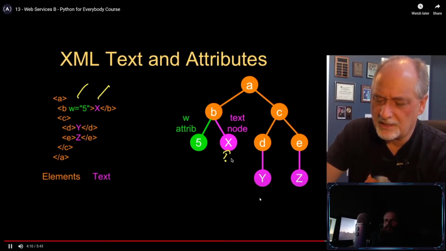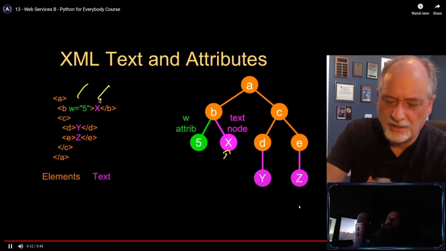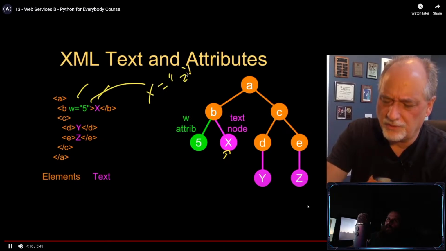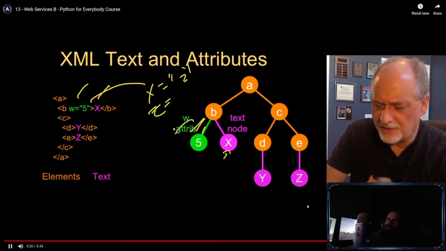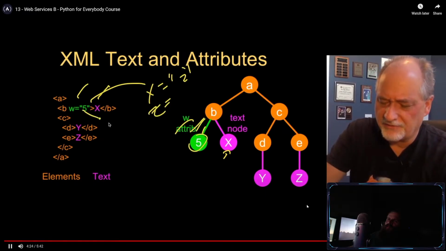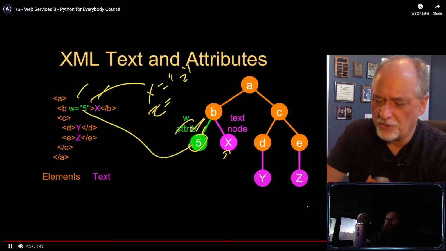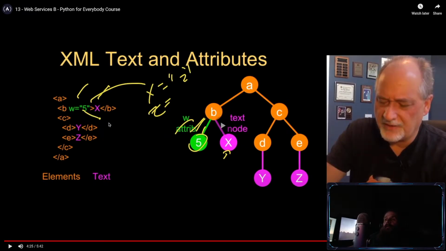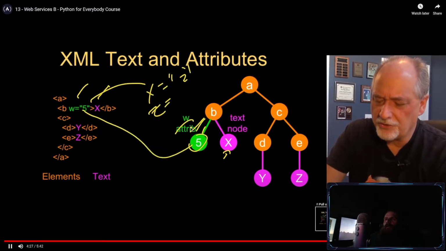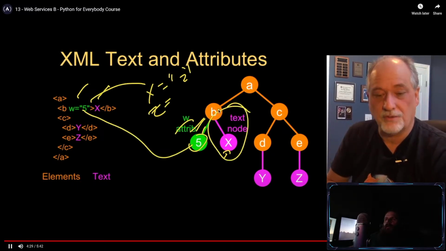So the text is a special kind of child, and you can literally have more than one attribute. You could have x equals 2, zap equals whatever, and these could have a couple of different attributes. The W attribute is a value of 5, and that's the 5 down there. And so you could have multiple ones. You can only have one text node.